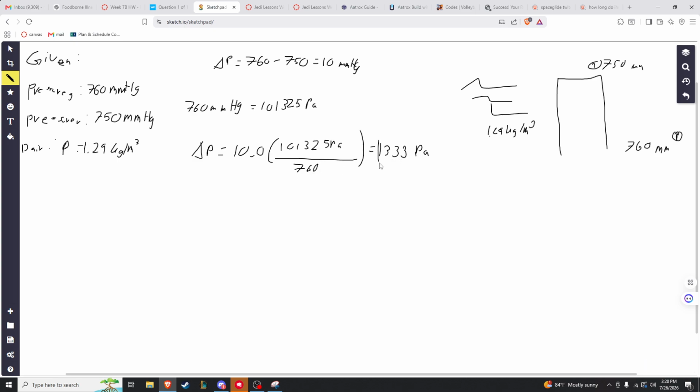And after we get this number right here, we want to use the hydrostatic pressure equation, which I'll write down here, P equals rho g h. And we want to rearrange this because we want to be solving for height in this situation. So H is equal to change in P over rho g. Boom.